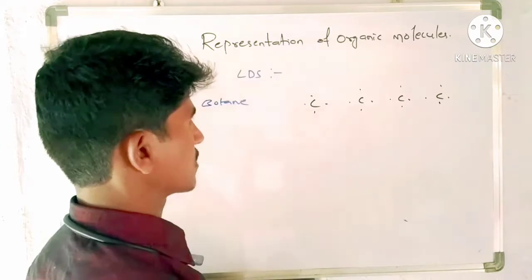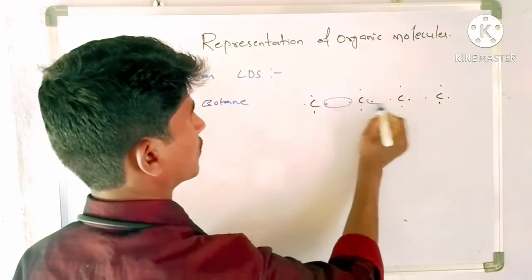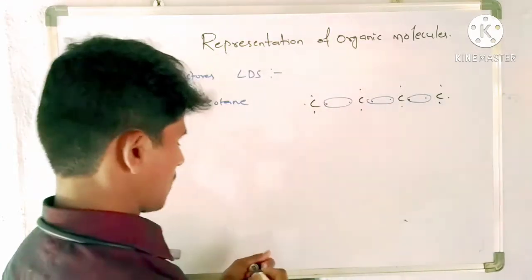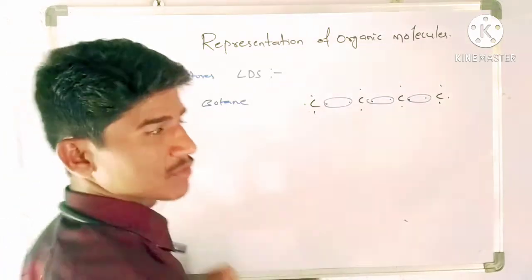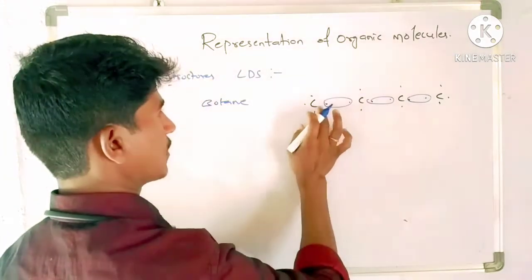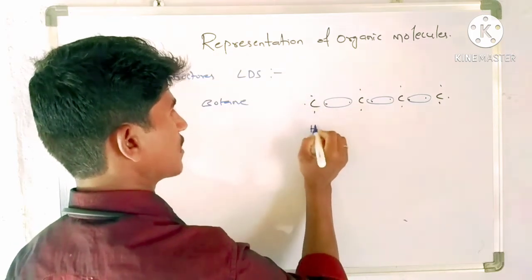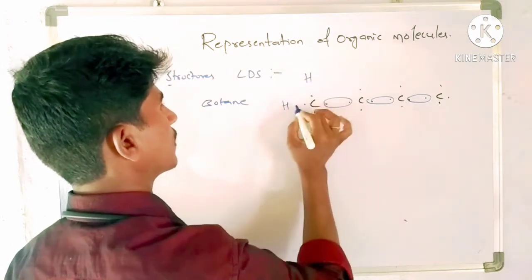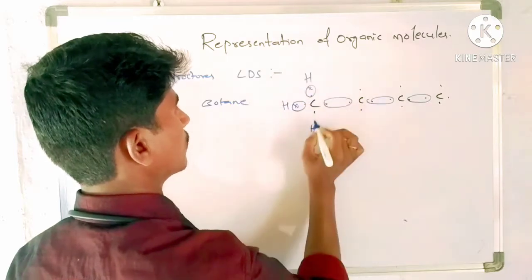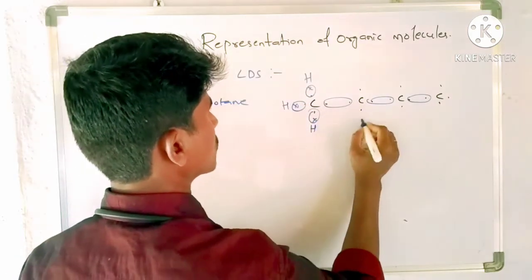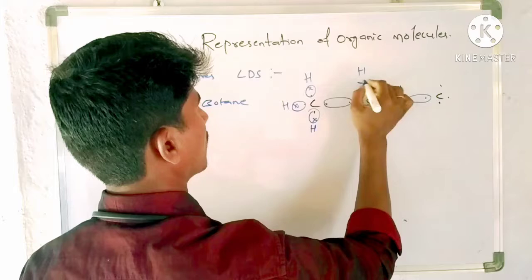Now the bonds are arranged like this. A bond is also there. Next we have to satisfy the carbons. It has only 5 electrons, so it has to bond with 3 more hydrogens. Here 1 hydrogen is there, and here also hydrogens are there.